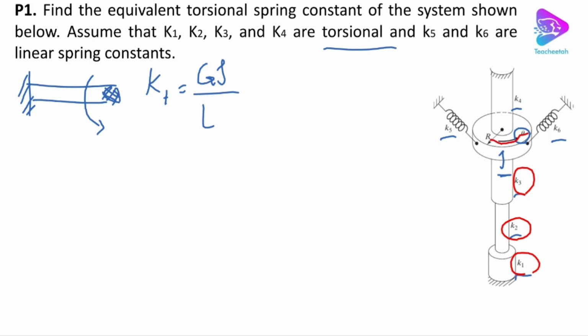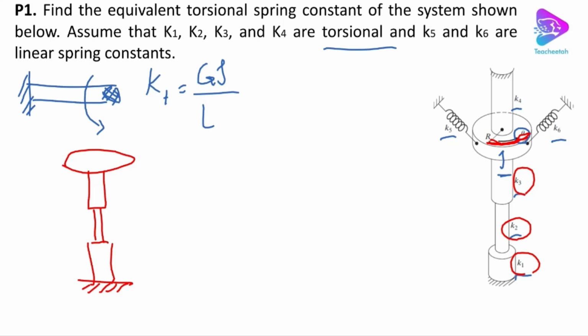If we have a virtual rotation here, the same amount of torsion is applied to these three shafts, right? So if I want to draw it again, forget about the other components. We have one shaft, another shaft, and the third shaft, and they have different cross sections or maybe even different materials, so their stiffnesses are not necessarily equal.